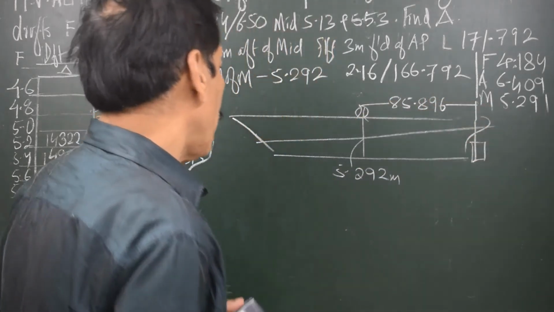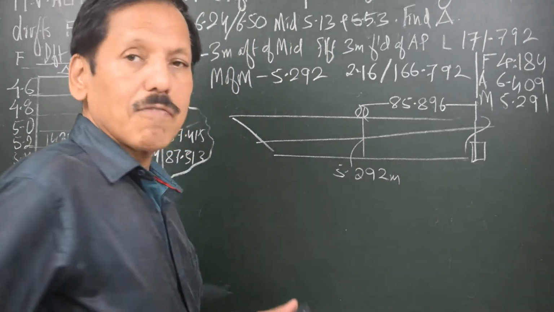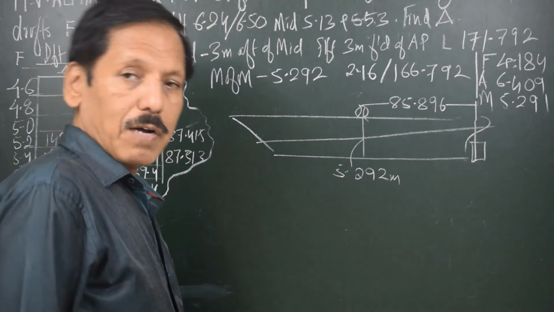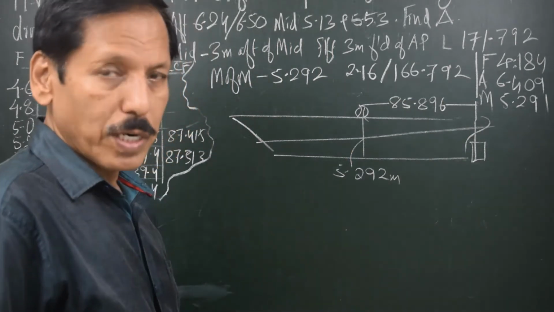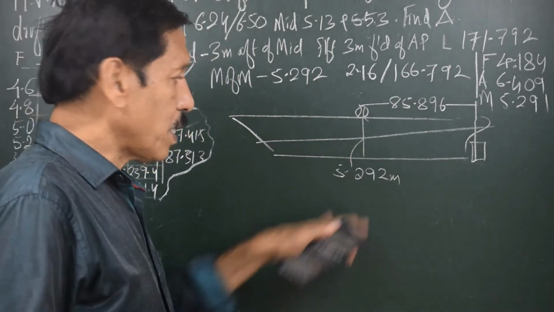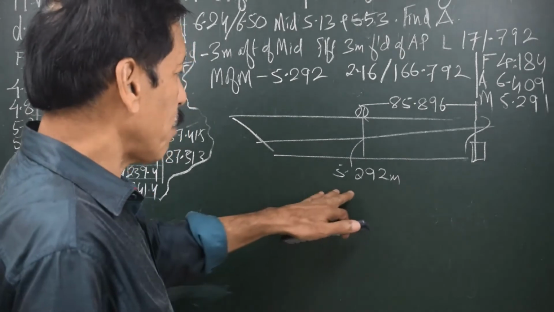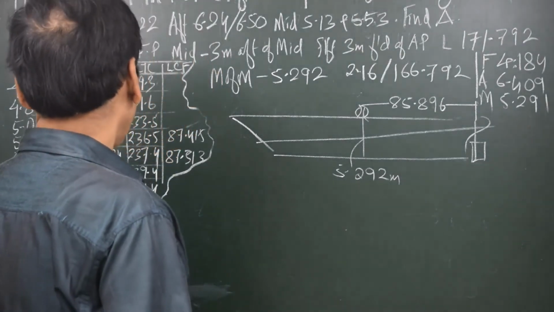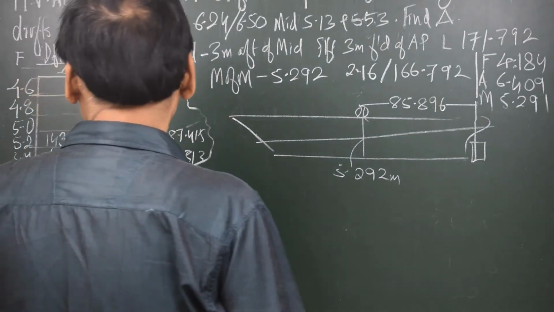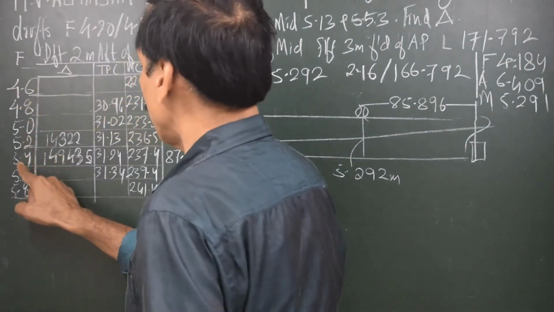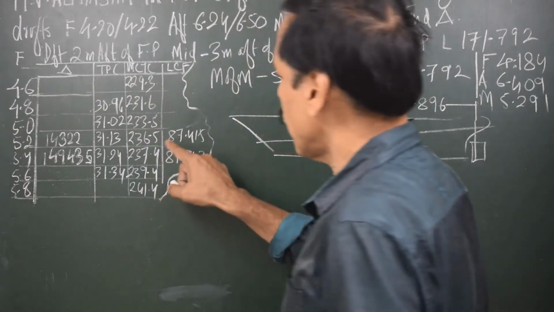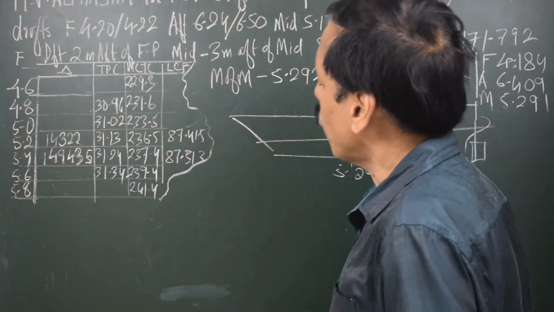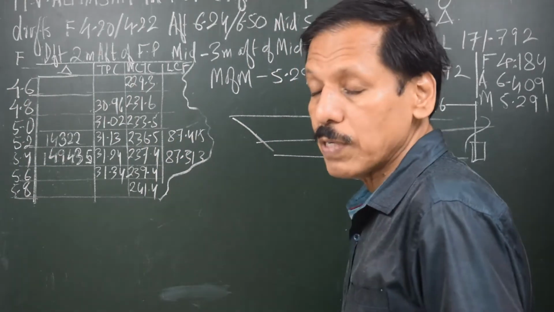But I want to find out, say, for this draft 5.292. Presently the ship is on this draft, right? We don't have hydrostatic draft, but we may assume that this is more or less close to hydrostatic draft. So for 5.292, let us see what is the position of center of flotation. So we look at this 5.2 and 5.4, and the centers of flotation for 5.2 and 5.4 are 87.415, 87.313.